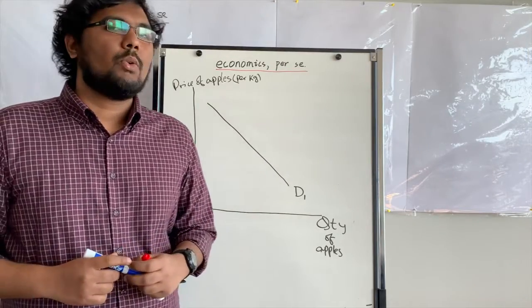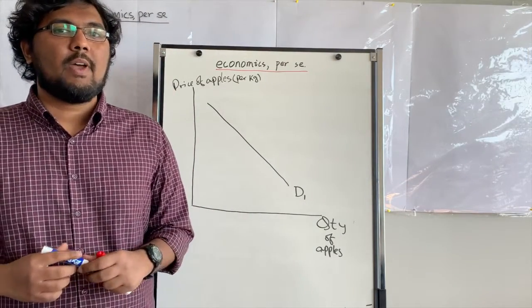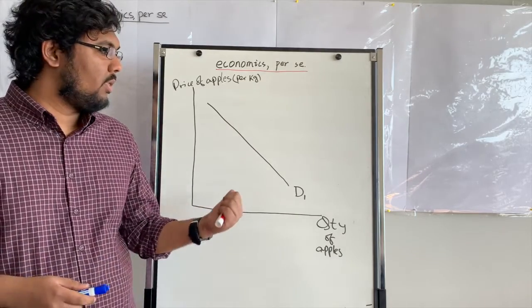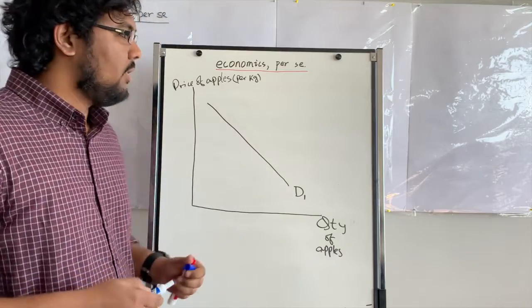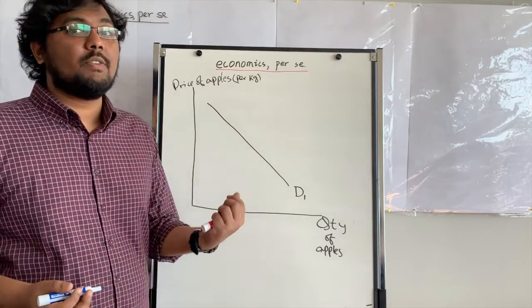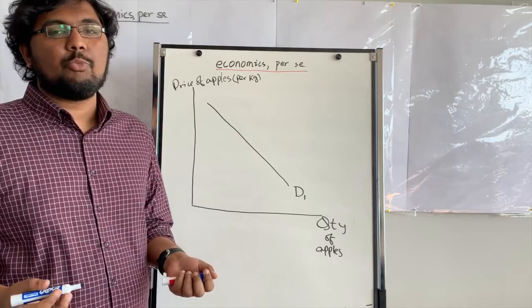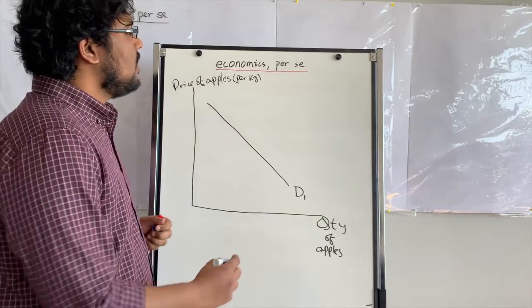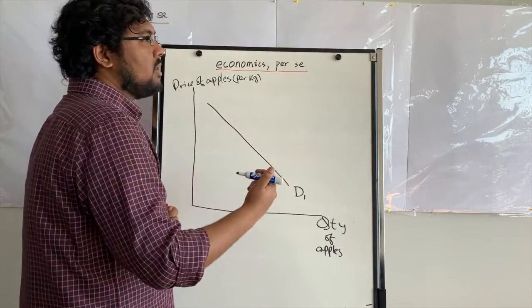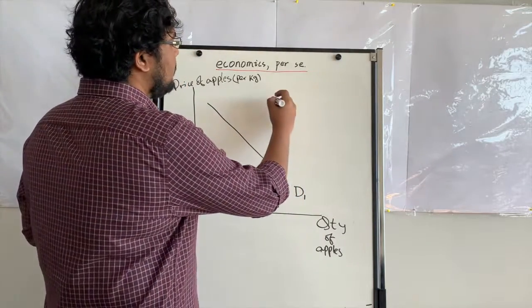Now we will look into how the six principal factors that shift the demand curve actually shift the demand curve with this graph. The first principal factor that shifts the demand curve is the change in the prices of the substitutes. Let's say for apple, the substitute product is peach.